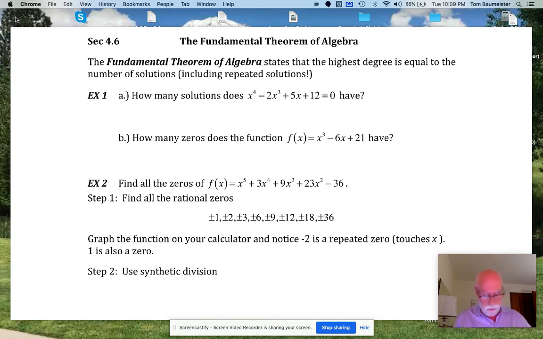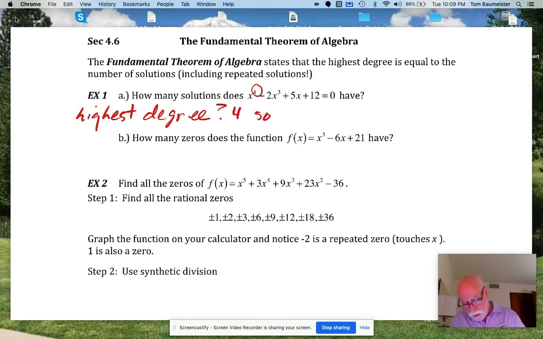So, example 1, how many solutions does x to the fourth minus 2x cubed plus 5x plus 12 equals 0 have? So again, look for the highest degree. It looks like right there it's 4. So the highest degree is 4, so it has 4 solutions.